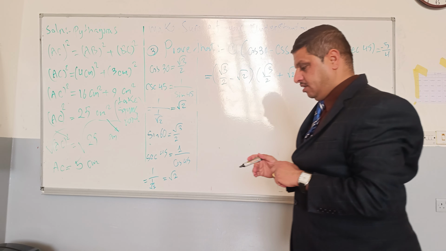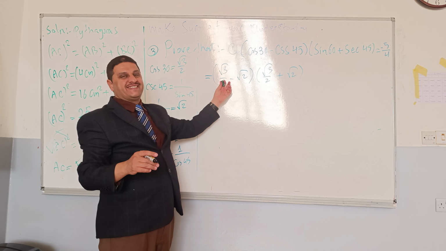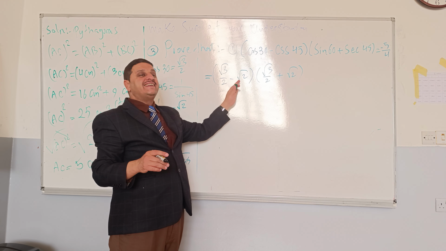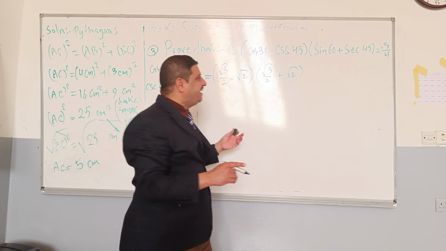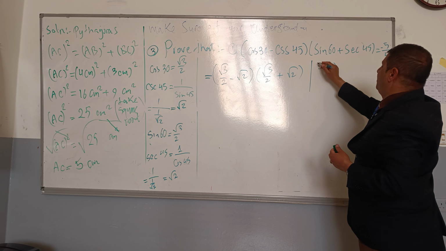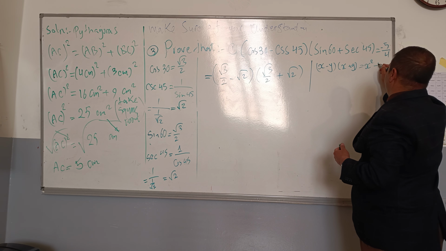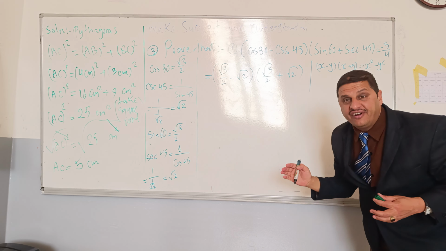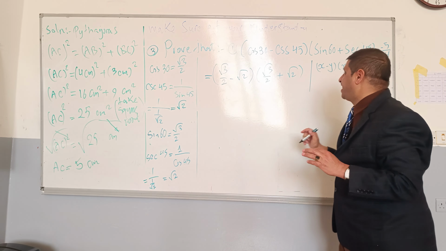Well, look at these two brackets. What do they equal? They equal this quantity: x minus y times x plus y equals x squared minus y squared. The difference between two squares. Okay?